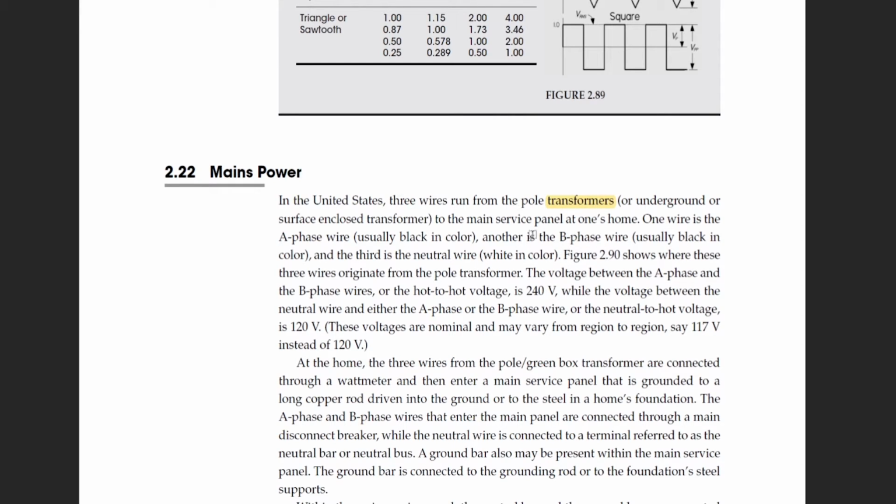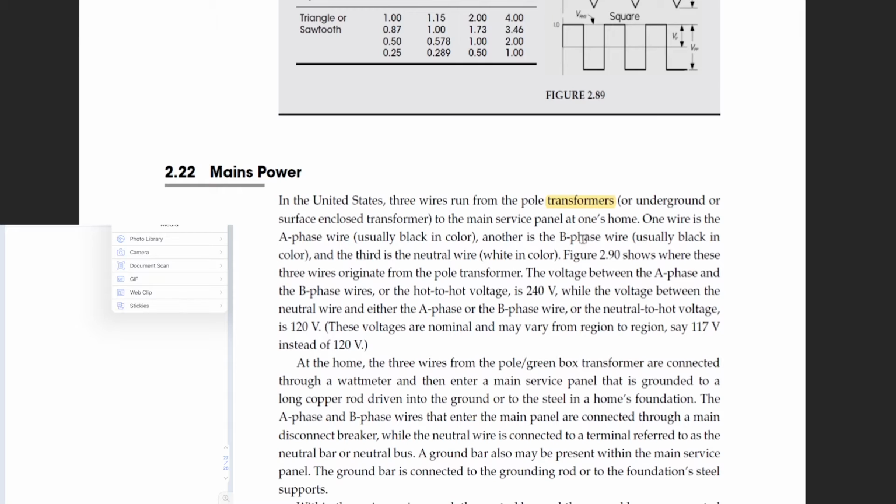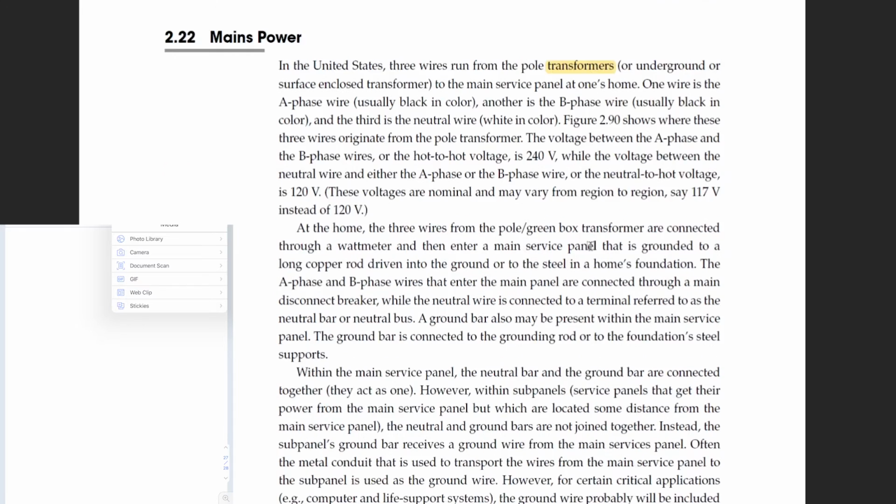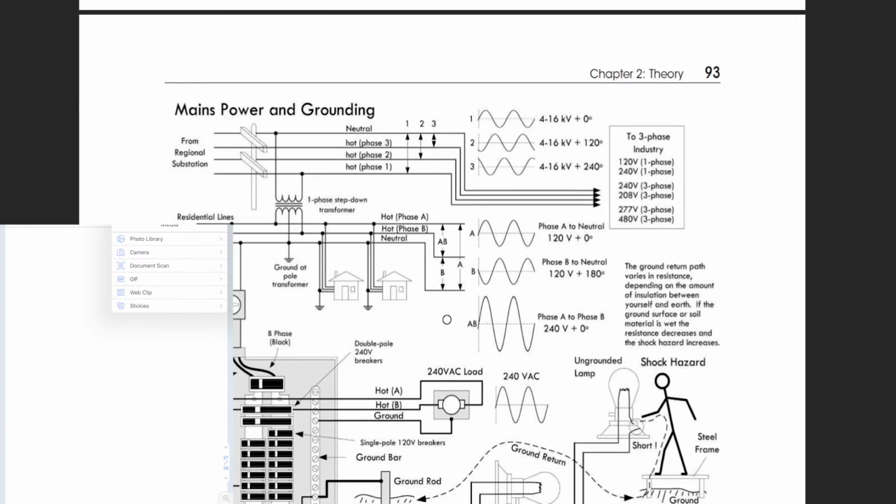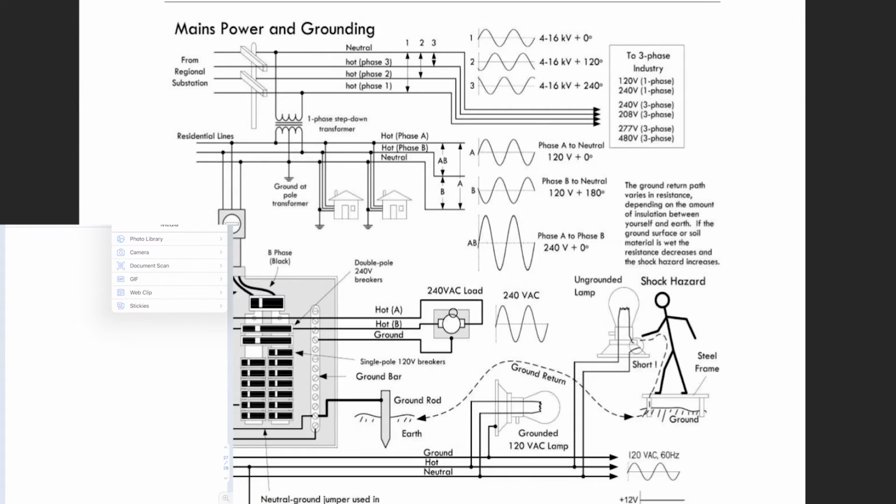I don't know why they're introducing it, but let's just carry on. So they're saying we've got two wires, A phase and B phase. They're both black, and we've got a third wire neutral, which is white. Okay, figure 2.90. Where's that? Here. Oh dear. He's touching a short, standing on a steel frame.